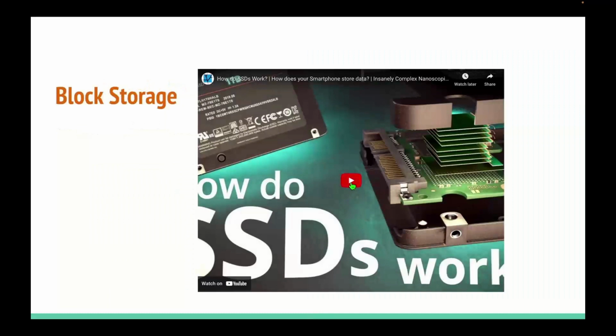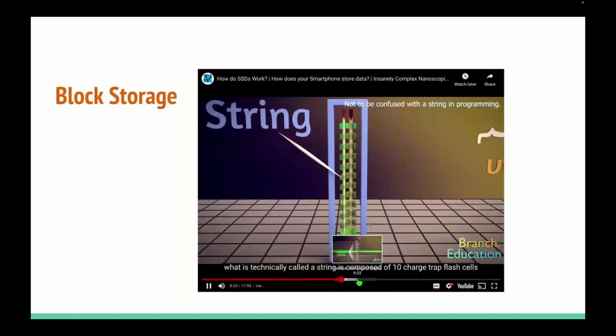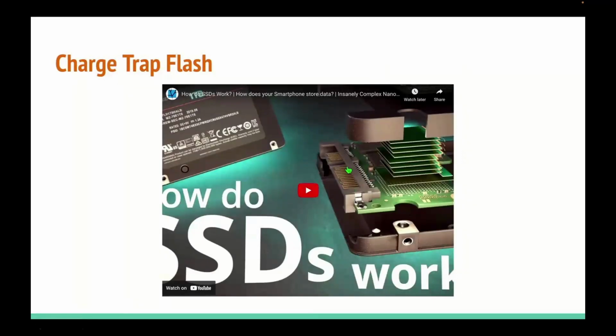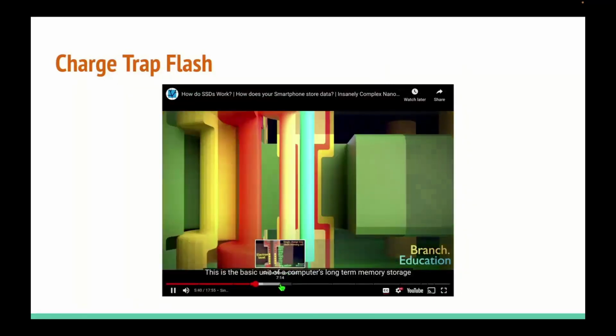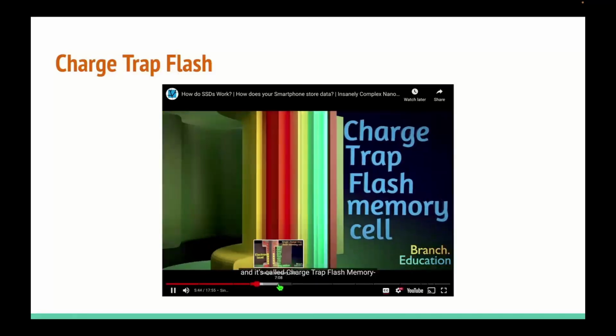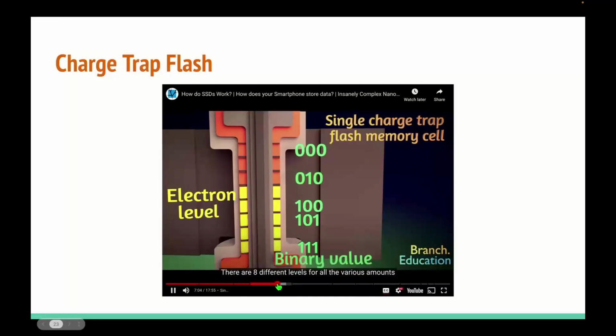So I'm not really sure how much smaller it can get than electrons. This is the basic unit of a computer's long-term memory storage, and it's called charge trap flash memory. There are 8 different levels for all the various amounts of electron charge.